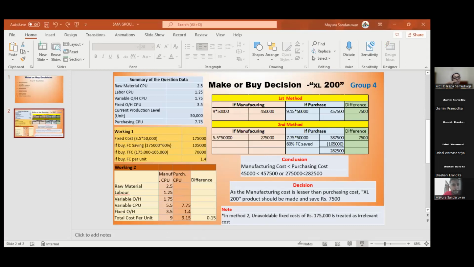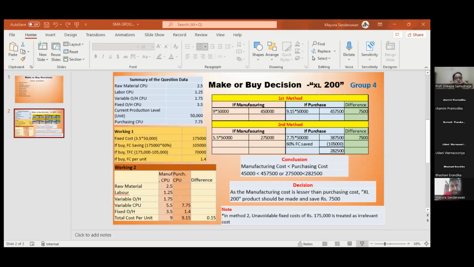So I'll repeat myself. If the company produces the component in-house, they have to incur these costs: raw material, labor, variable overheads, and fixed overhead. That totals rupees 9. But if the company purchases the component from an outside party, they can take it for 7.75 rupees.